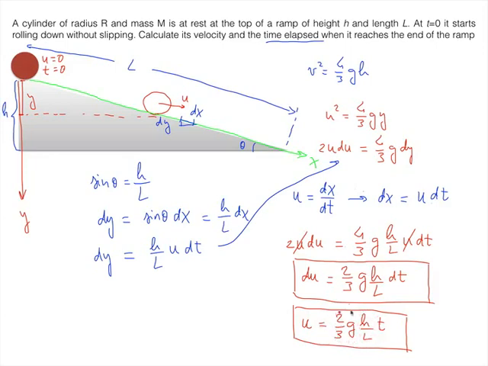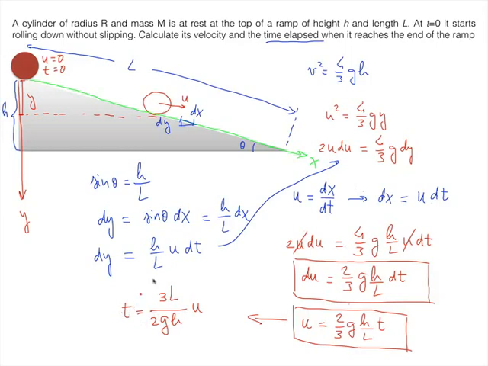The acceleration is the coefficient that is multiplying the time, and in particular we can derive from here that the time, solving for time, equals 3 times L divided by 2 times g times h times the velocity.